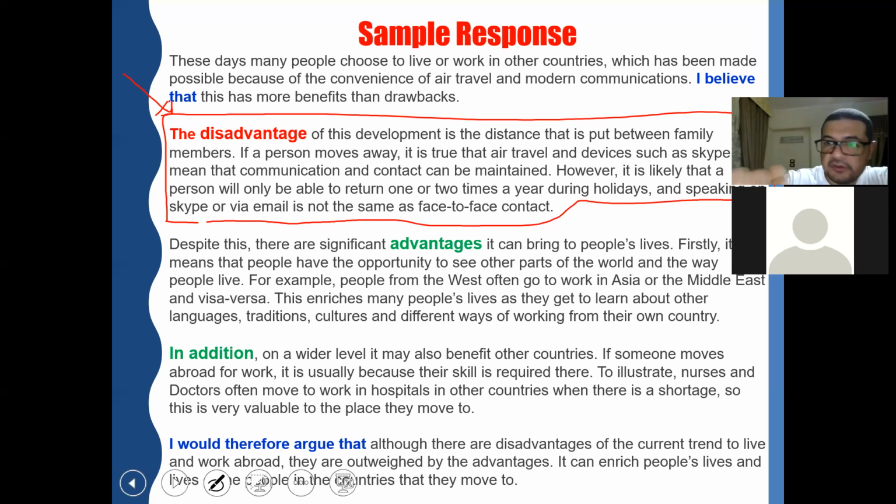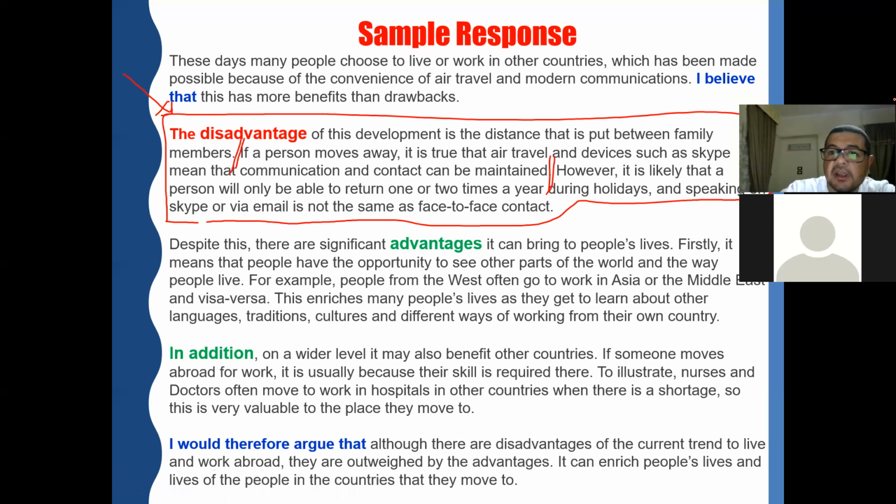If you look at this part here that I put in the box, this is an example of a paragraph. Is this one sentence or more? More. 1, 2. And this means we have at least 3 sentences here. And if we look at the next one, 1, 2, 3, 4.